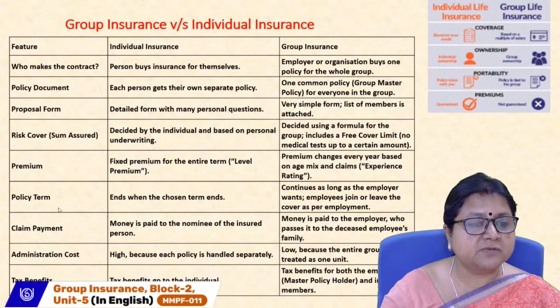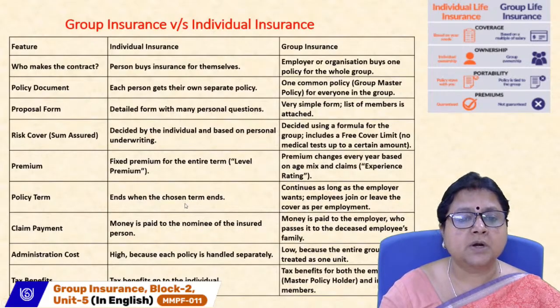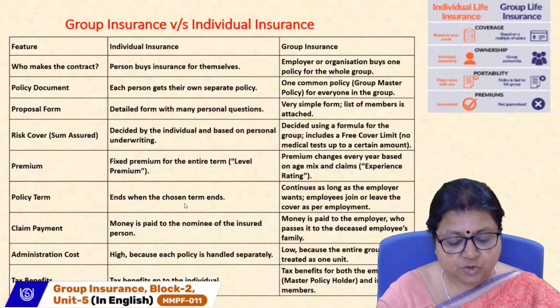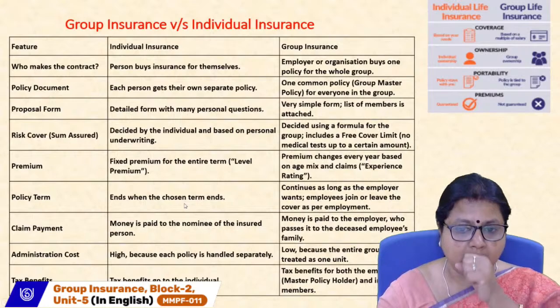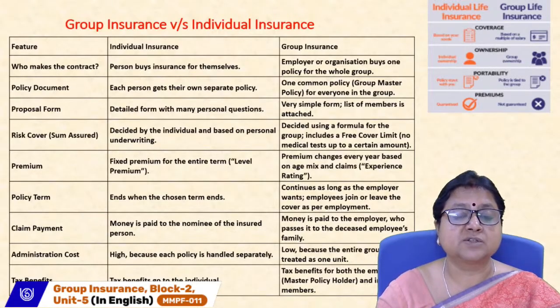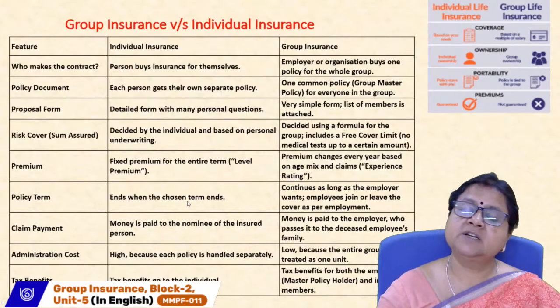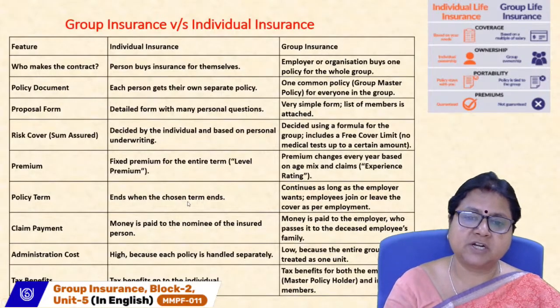Now, the term of the policy in case of individual insurance ends when it has been chosen to be ended. Like suppose you have chosen it to be 10 years, 15 years, 20 years, or till the retirement. So the policy will end on the date of retirement. So it is mentioned in that policy.